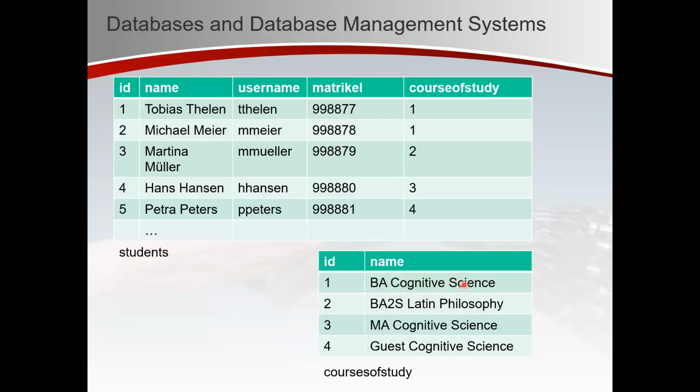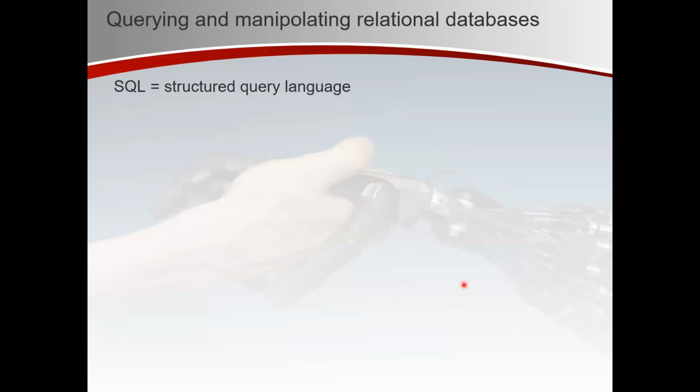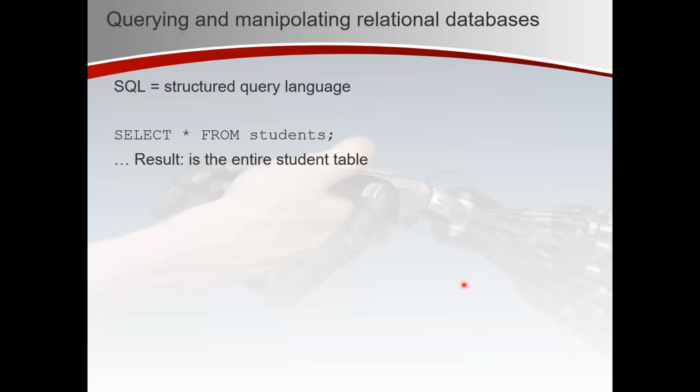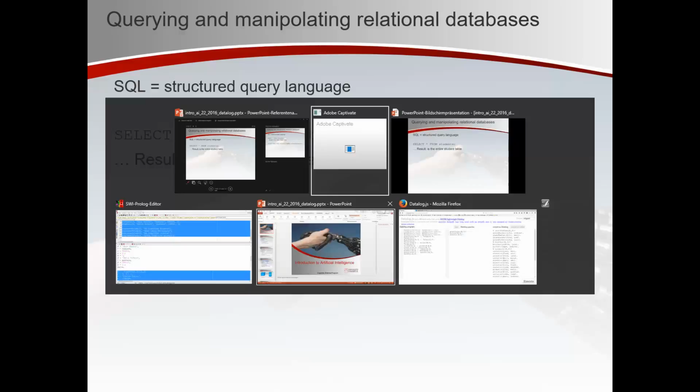For that, there's a language called SQL or SEQUEL, Structured Query Language, which is virtually standard for every relational database. SQL is standardized, at least to some extent. So these constructions like select star from students will probably work in every relational database, and we can have a look at such a database.